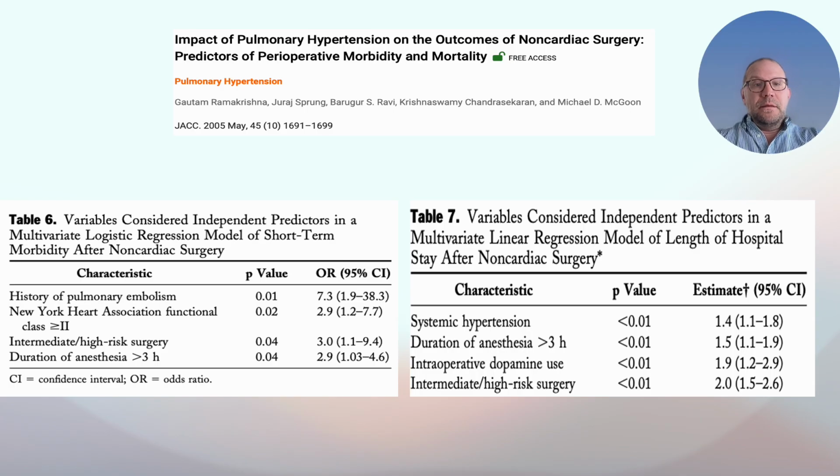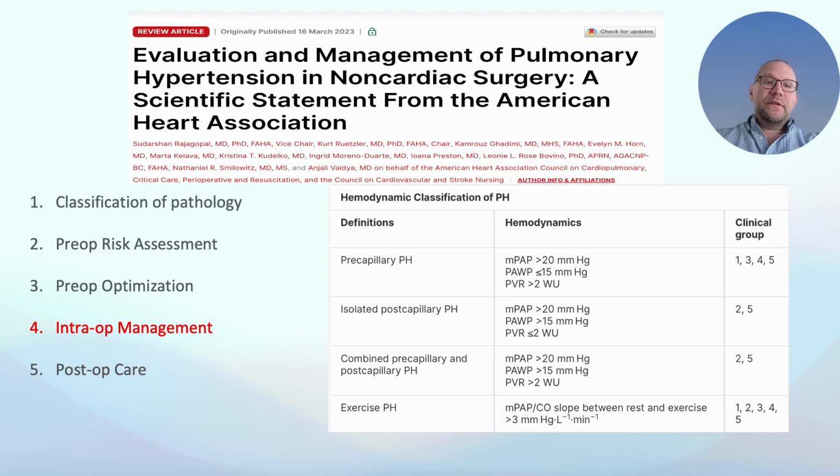And for length of stay, you can see patients who had a longer case, intraoperative use of dopamine in this cohort, and intermediate or high-risk surgery. So we know that they're at high risk for prolonged length of stay and morbidity.